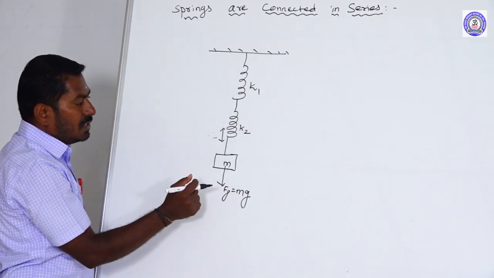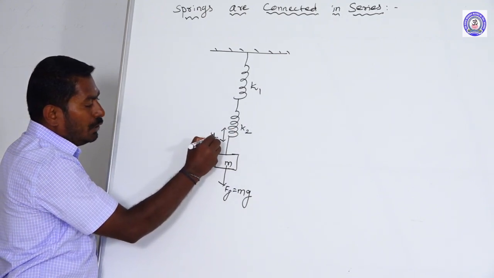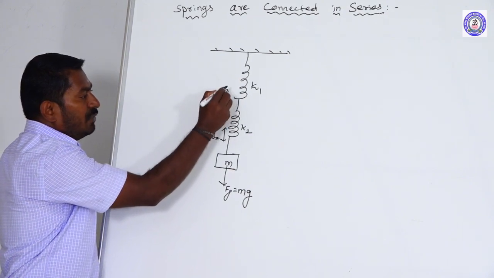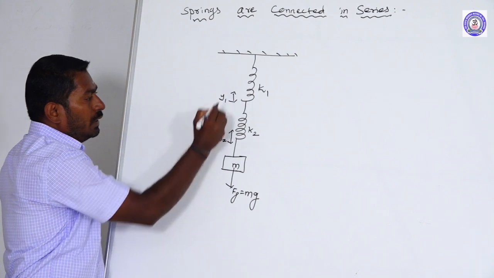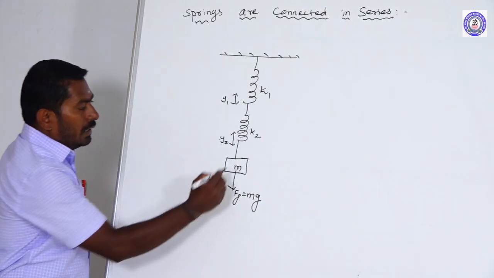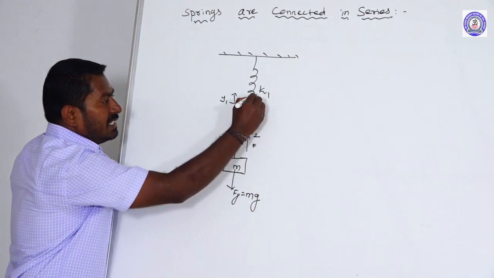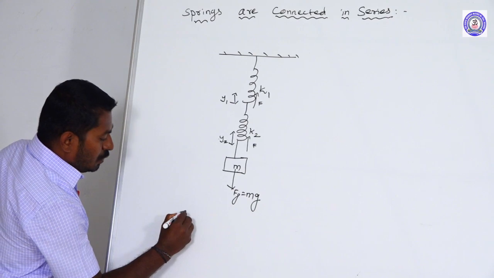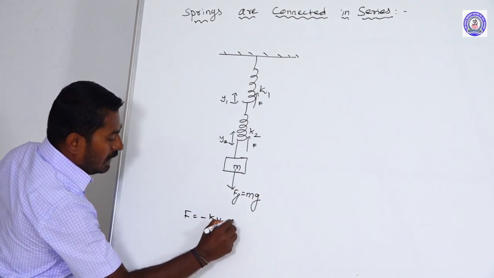These are vertical oscillations of a spring. The extension produced in the second spring is y2 along the vertical direction, and the extension produced in the first spring is a small displacement y1. But restoring forces of the same magnitude F are developed in both springs. Generally, the restoring force F is equal to minus Ky, equation number 1.